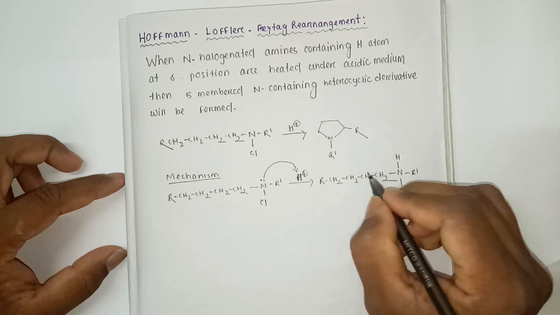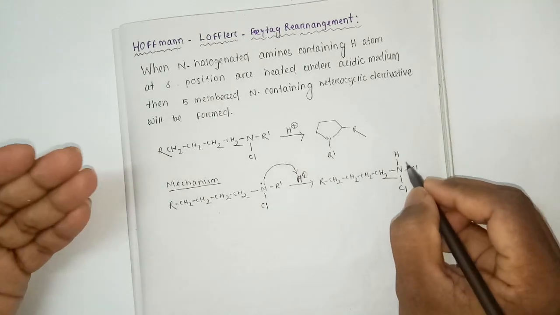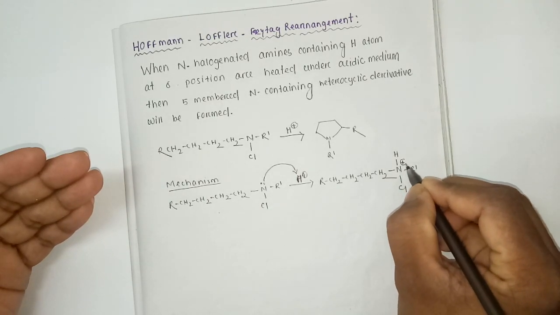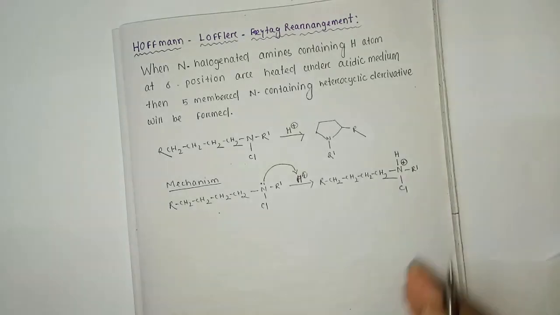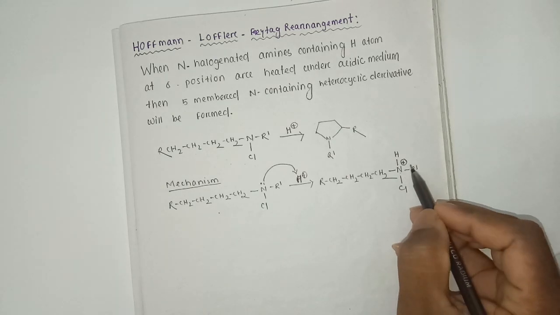When nitrogen gives one lone pair of electrons to the H plus ion, it acts as N positive, because the lone pair is given to the H plus ion, so nitrogen has a positive charge.